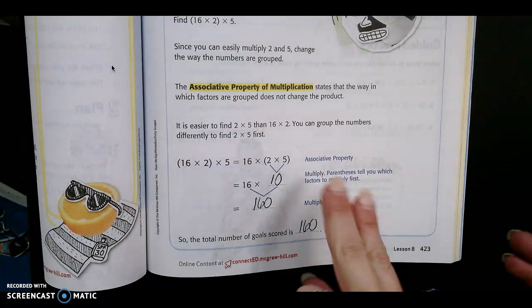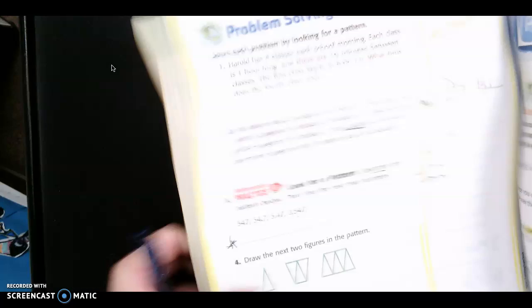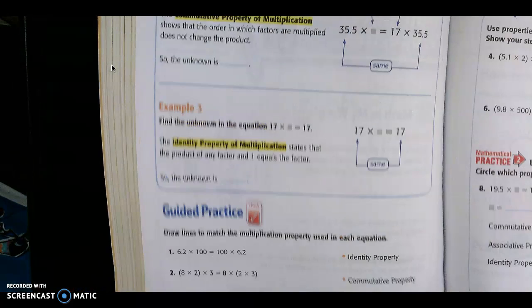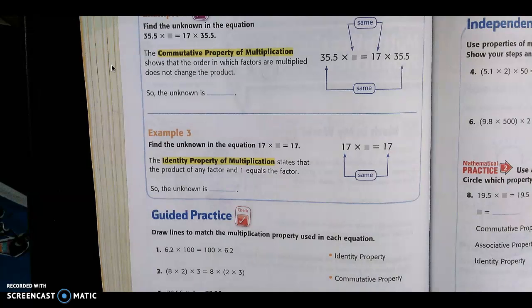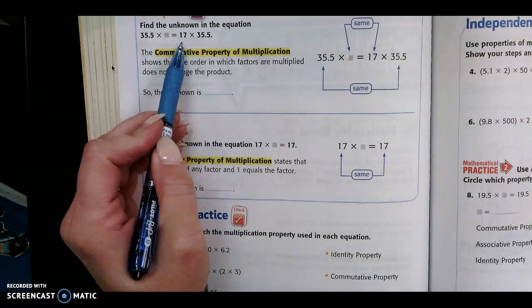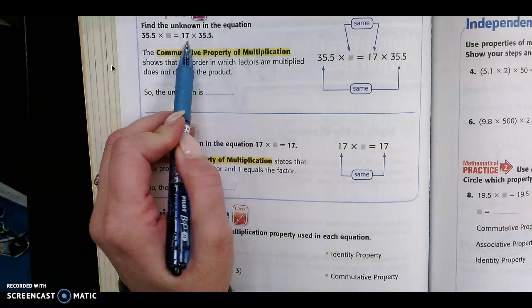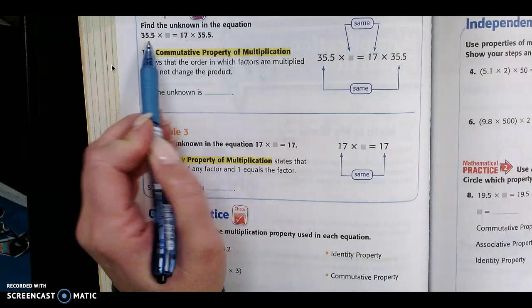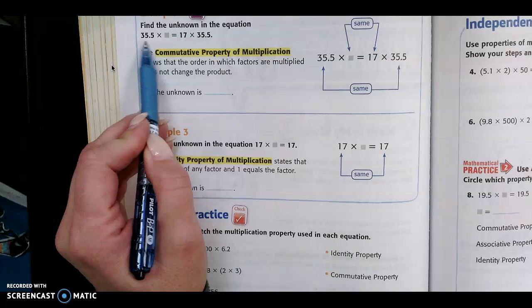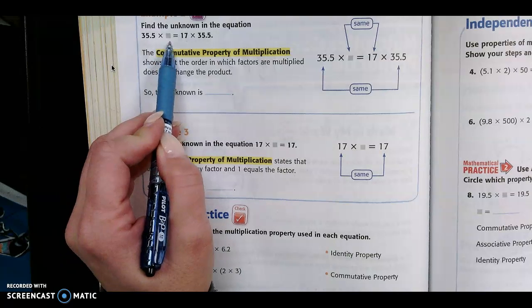Okay, turn the page. Example 2 has commutative, which is the one we talk about all the time, that I can reverse the order of what I'm multiplying. It doesn't matter, right? So if I have 17 times 35 and a half, it's the same as doing 35 and a half times 17.